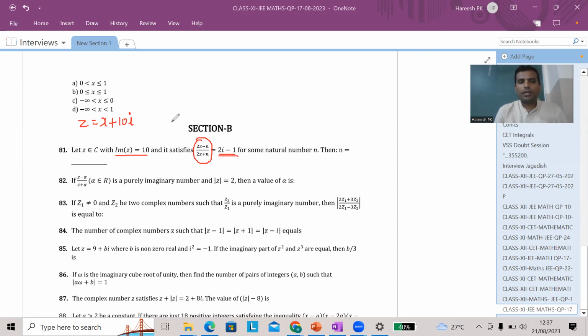Now when you substitute that here, we'll get 2 into (x plus 10i) minus n, divided by 2 into (x plus 10i) plus n, is equal to 2i minus 1.